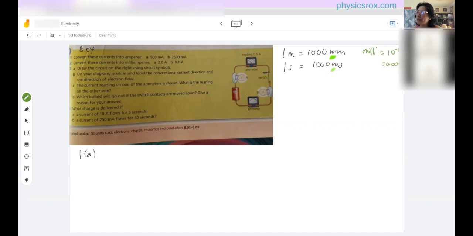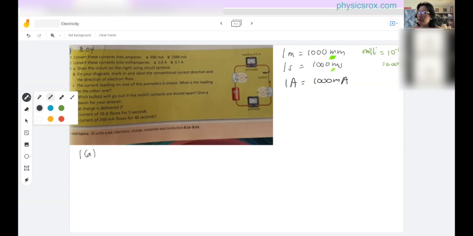To make it simple, just remember that 1 meter is 1,000 millimeters, and 1 second is 1,000 milliseconds. Milli is a small one. One way to remember is to look at your ruler. The millimeter is very, very small, and 1 meter is very big, so 1 meter has 1,000 of these. So 1 ampere is 1,000 milliampere.